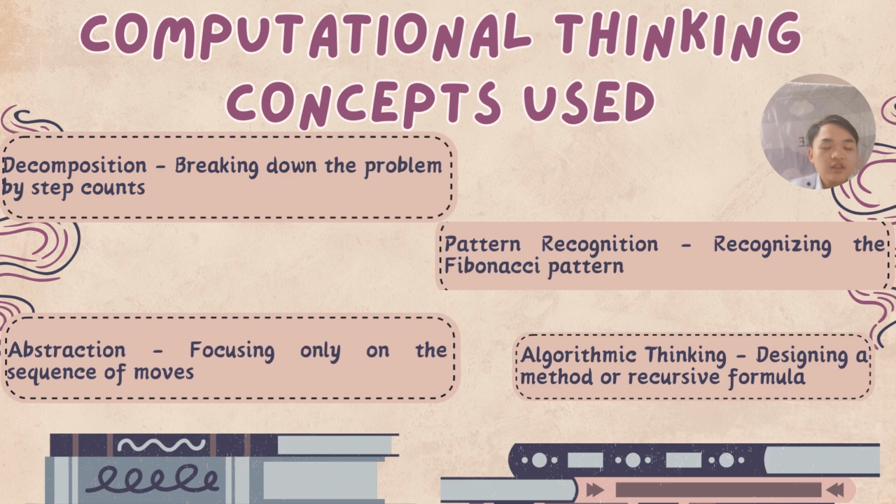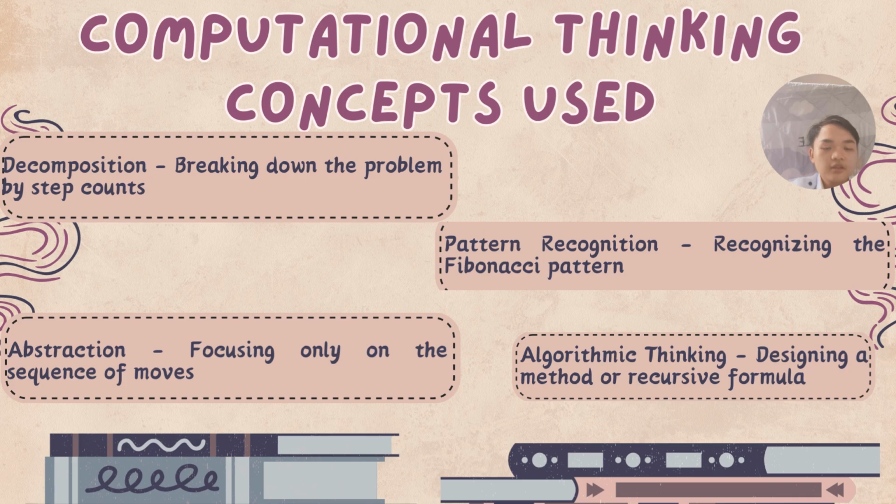In this intermediate level heuristic question, we also involve 4 computational thinking concepts, which are decomposition, pattern recognition, abstraction, and algorithmic thinking. In decomposition, we solve the question by breaking down the problem by state counts.